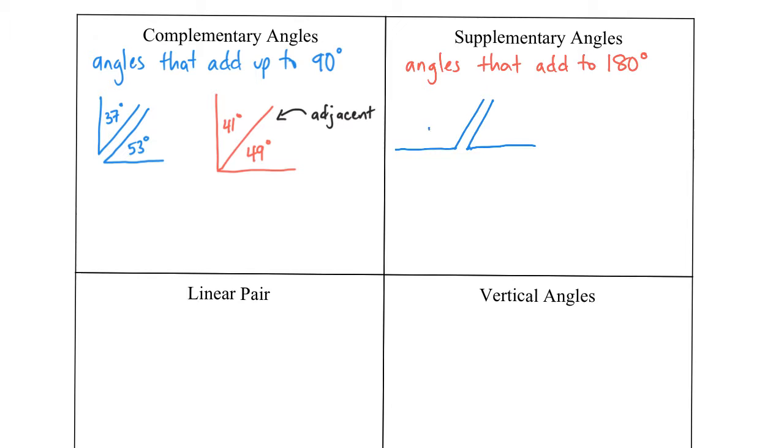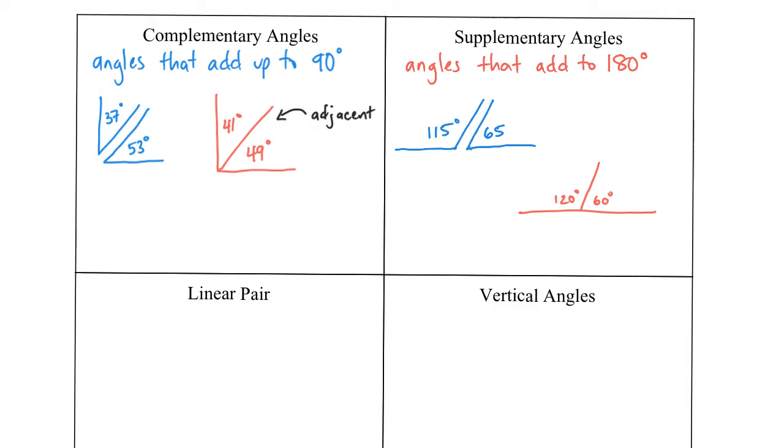Okay, so if this one is like 115 degrees, then this one would be 65 degrees. And those angles would be supplementary. We could also have the picture where they are touching each other. So say this one is 120 degrees, this one is 60 degrees. Those angles would also be supplementary.